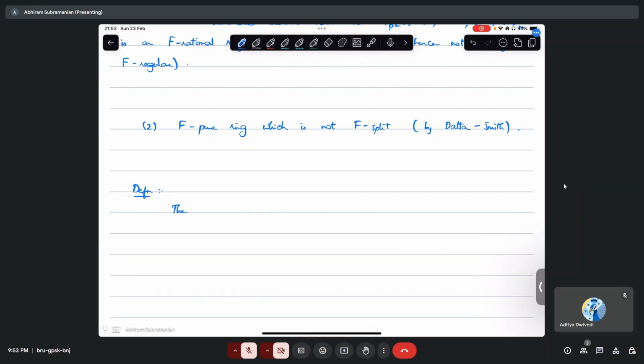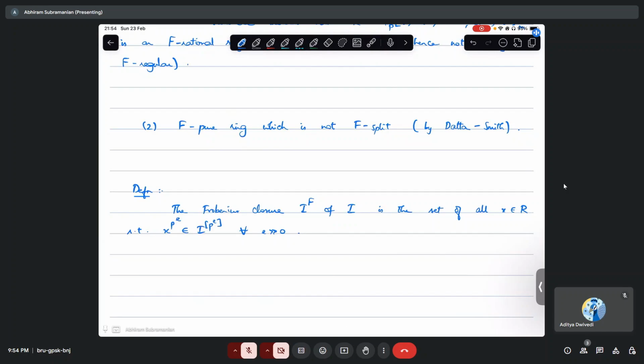The Frobenius closure of I is the set of all x in R such that x^(p^e) belongs to I^[p^e] for all e large enough.